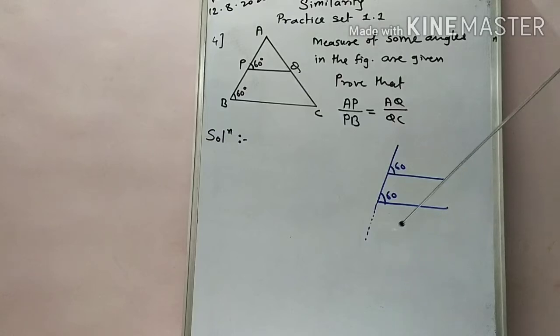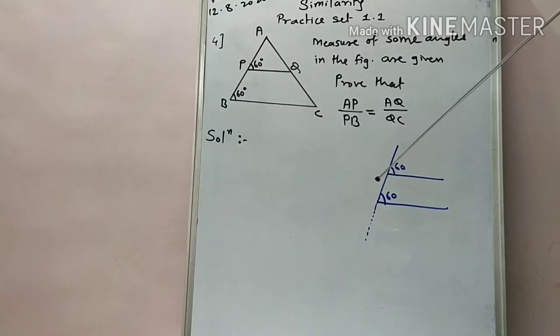This is the corresponding angle test, the parallel line test as we studied in 8th-9th standard. So these corresponding angles are congruent, so these two lines are parallel, that is, segment PQ is parallel to segment BC.